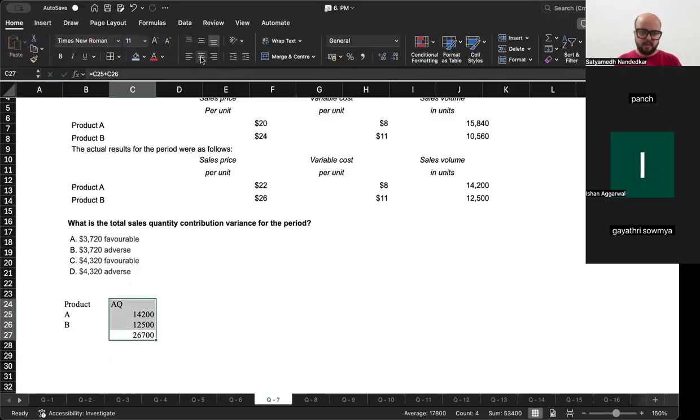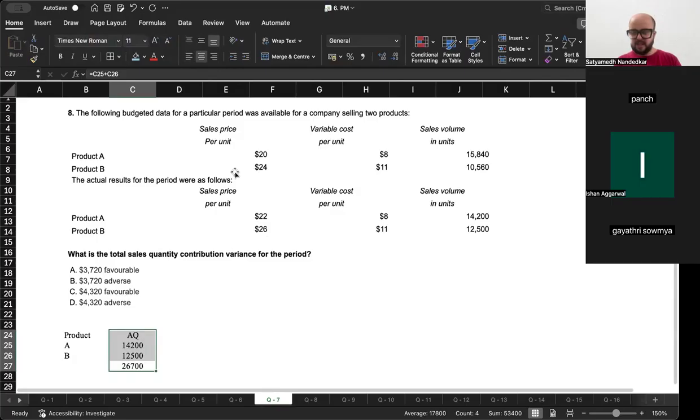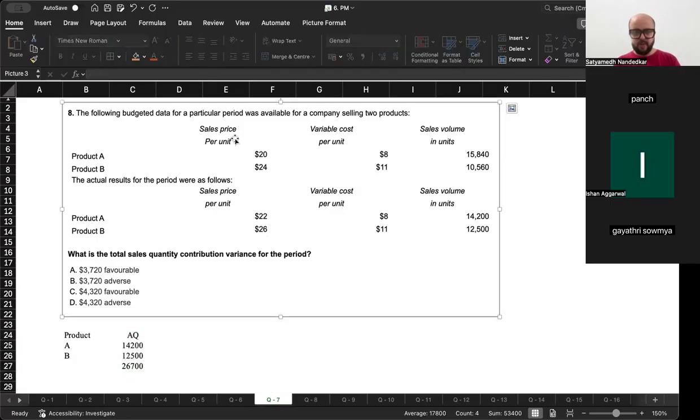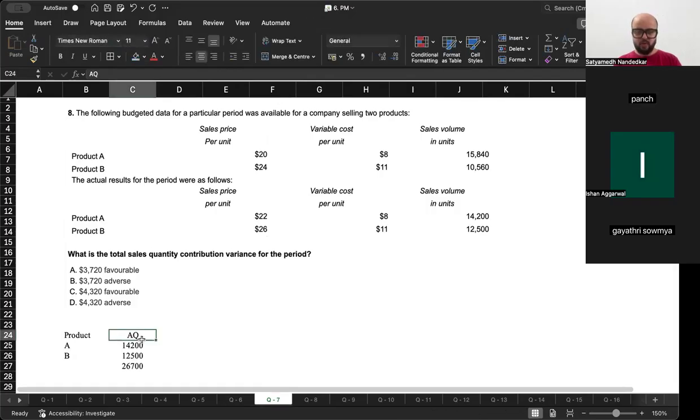What is the total? 26,700. ठीक है. क्लियरली दिख रहा है यार, ACCA के वेबसाइट पे किसी इंटर्न ने फॉर्मेटिंग की है. देखो सेलिंग प्राइस कहाँ पे लिखा, कहाँ पे. No proper formatting done. What is the standard mix? 15,840, 10,560. Correct. Now you have actual quantity, actual mix. अब you have to split this in the standard proportion.